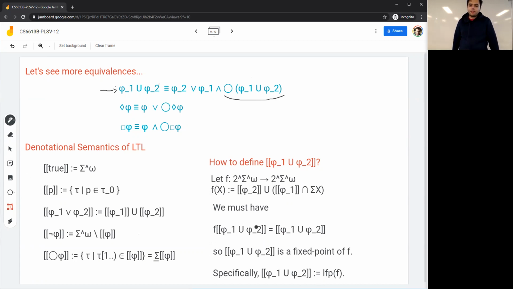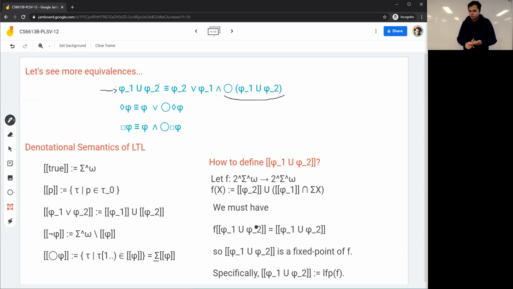But again, we have the same problems that we had in the case of the while programming language. Does this function even have a fixed point? What happens if it has more than one fixed point, and so on? And actually, the solution is the exact same as in that case. It has a fixed point because we can create a fixed point using our rule-based semantics.